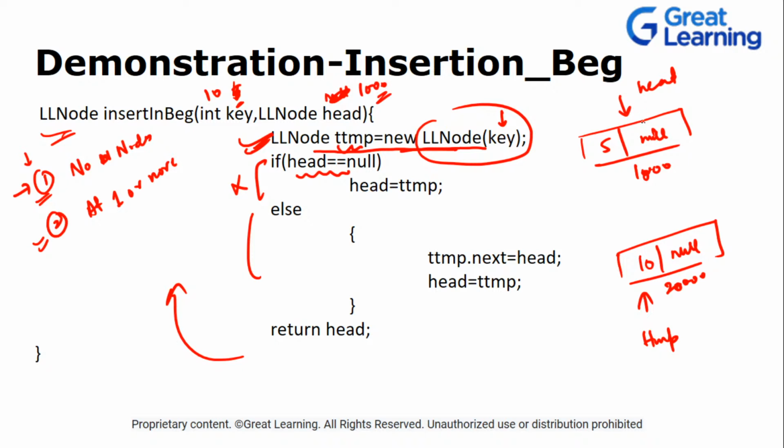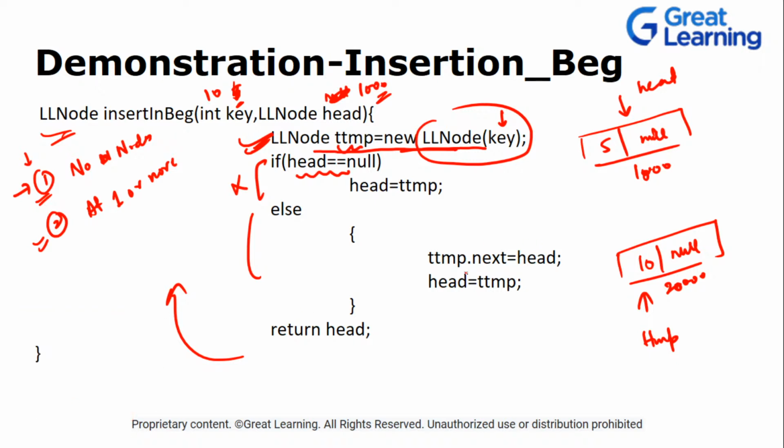This is the reference. Basically this head node is pointing to this node, and for simplicity I'm saying that 1000 will be stored in head, though it will really be a hexadecimal reference.